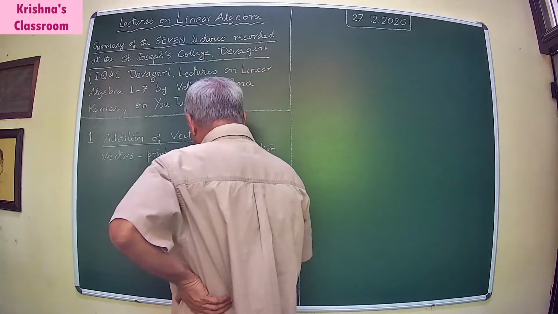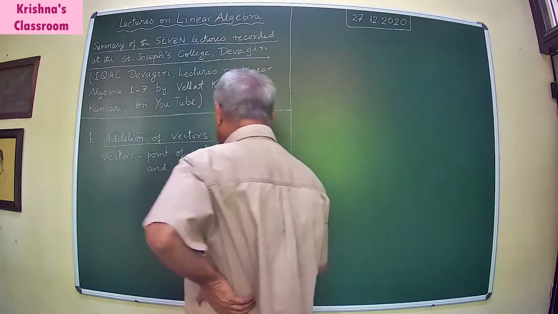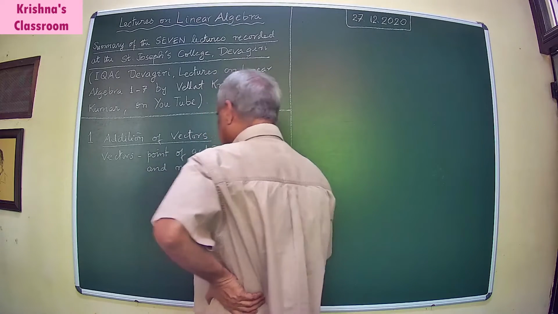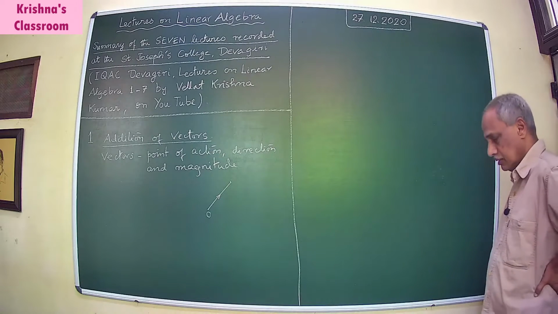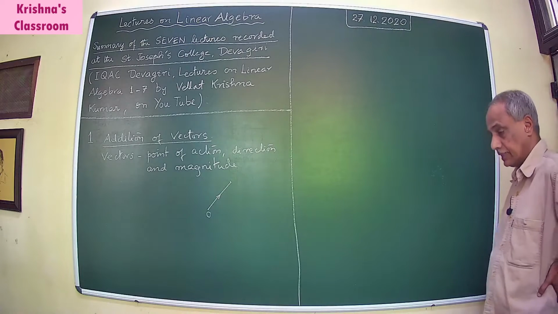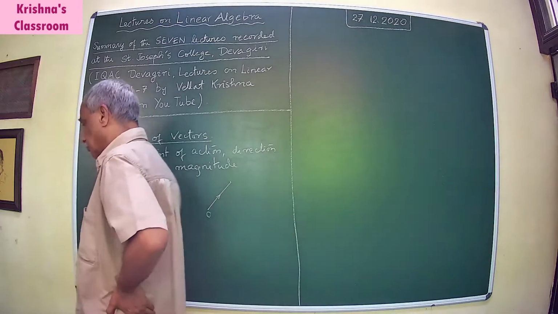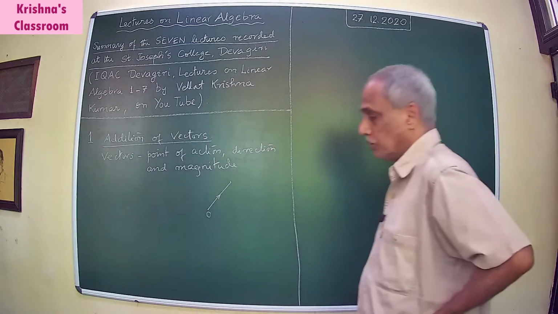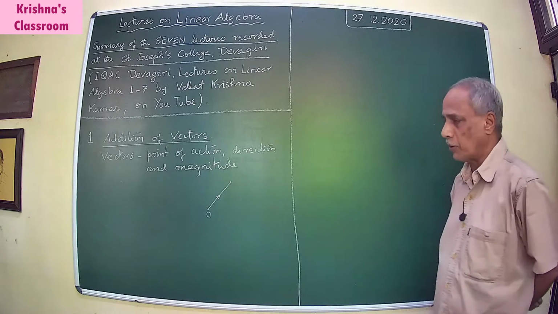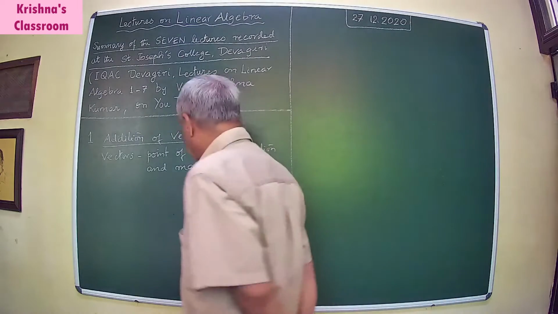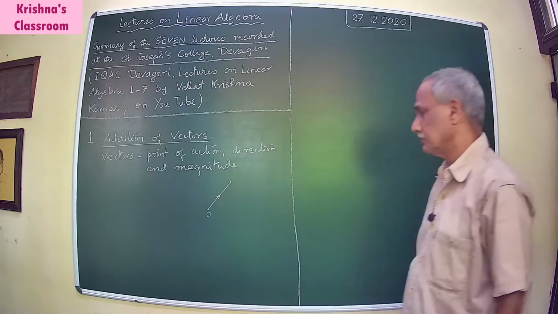Point of action denoted by O, then you had the direction marked out in space, and then of course the length proportional to the magnitude of the vector, whether it is velocity or acceleration or displacement or force, whatever units it is expressed, the length is proportional to that, using some appropriate scale for the description. So it is abstracted out to a line segment in space.